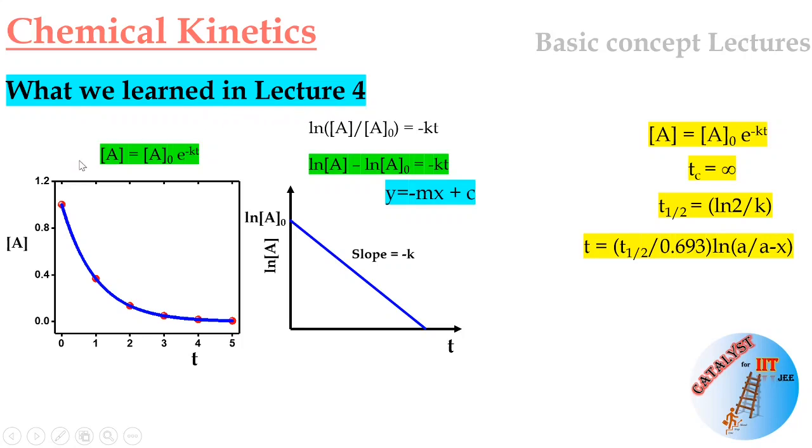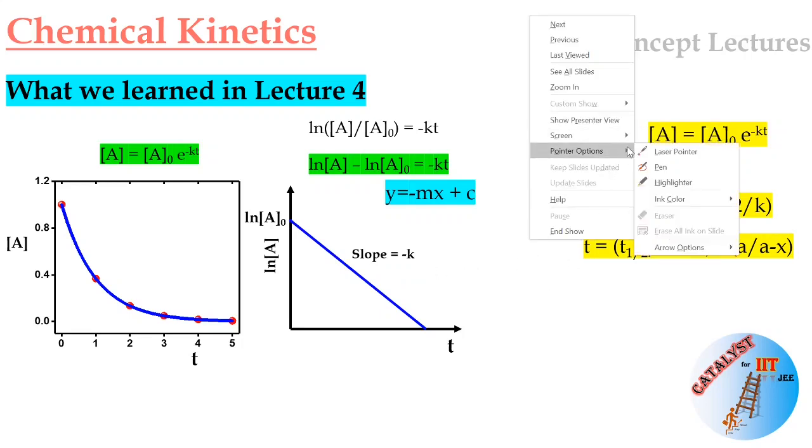In our lecture 4, we talked about the first order chemical kinetics, the first order reaction, the examples, and also the integrated rate equation. So we have seen that for first order reaction, the reactant concentration decreases exponentially with time. Correct? The equation it follows is like this, and if you want to plot it in a linear fashion, you can do that by plotting ln A versus t plot, where the slope of the straight line is equal to minus k, where k is your rate constant.